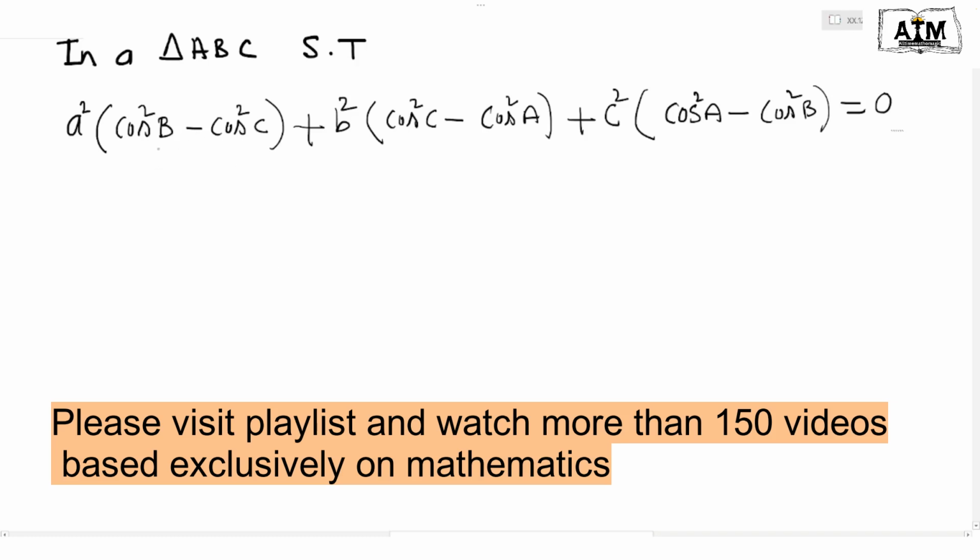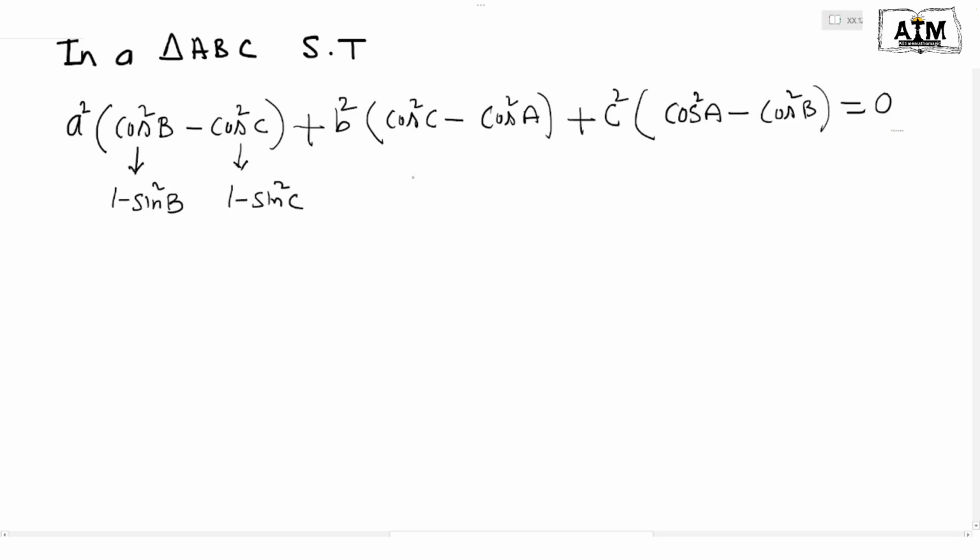Before proceeding, we will convert all cos theta in terms of sin theta, that is cos square b equals 1 minus sin square b, and cos square c can be written as 1 minus sin square c, and so on for all other terms.